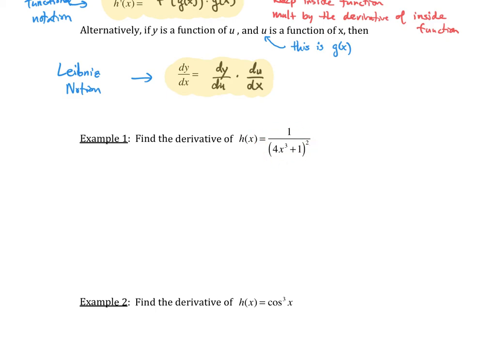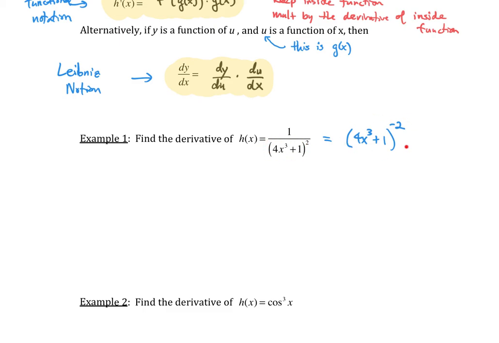All right. So the first thing I'm going to do is take h of x and rewrite it in exponential form. So when I rewrite this, it becomes quantity 4x cubed plus 1 to the negative 2 power. We have a negative exponent here because this expression is in the denominator.